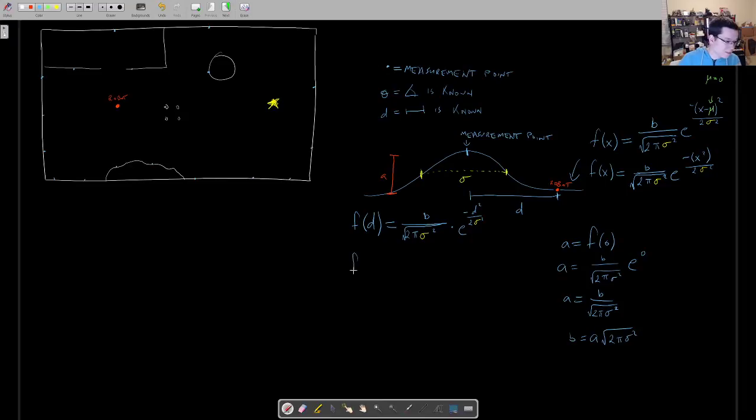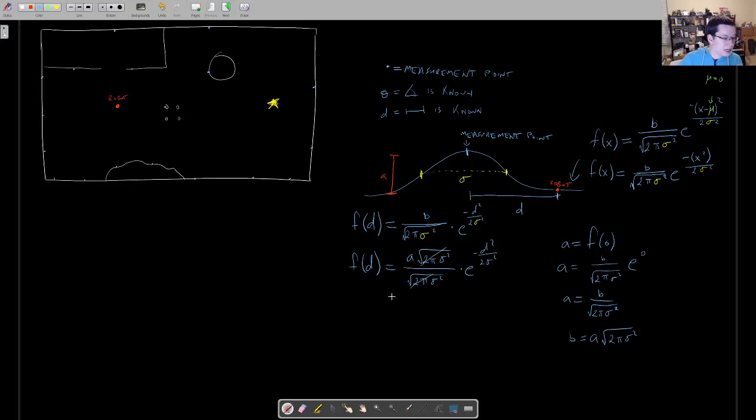But if I do that, then I have f of d equals A times the square root of 2 pi sigma squared, divided by the square root of 2 pi sigma squared, times e to the negative d squared over 2 sigma squared.